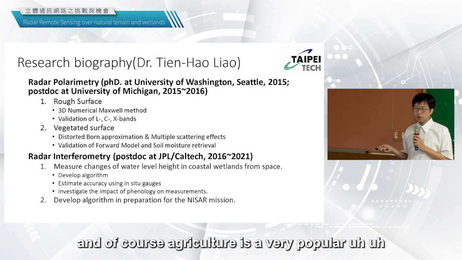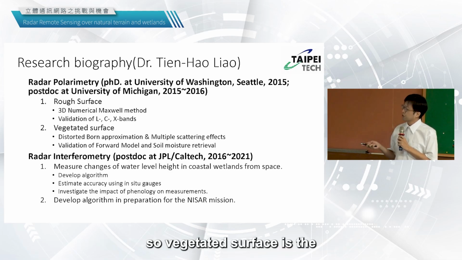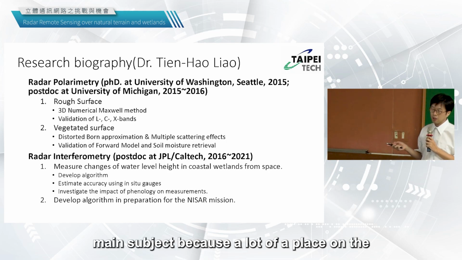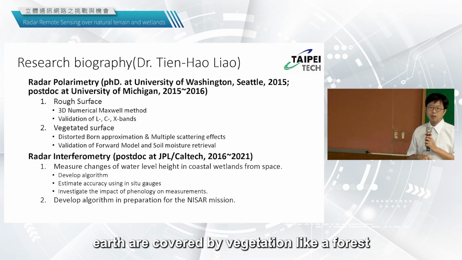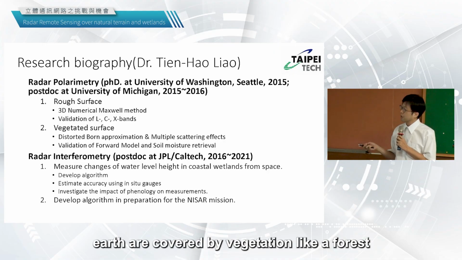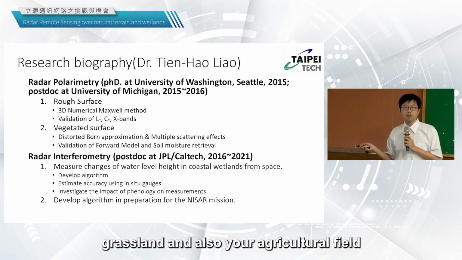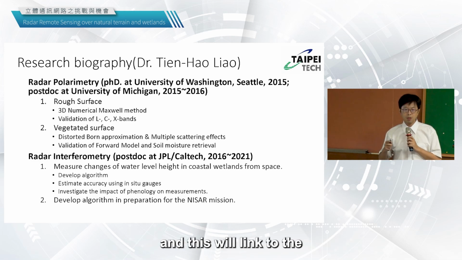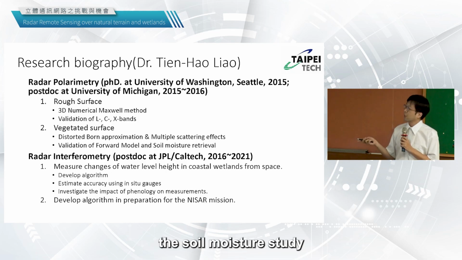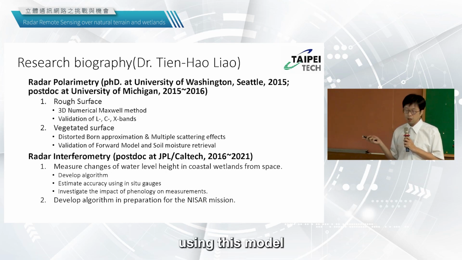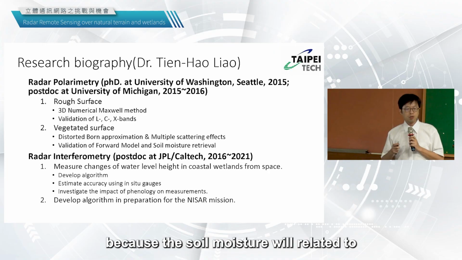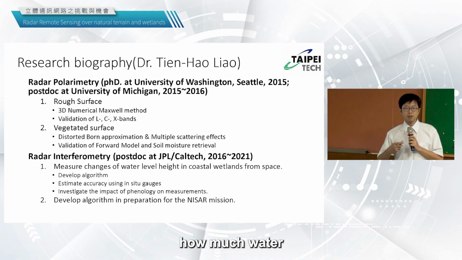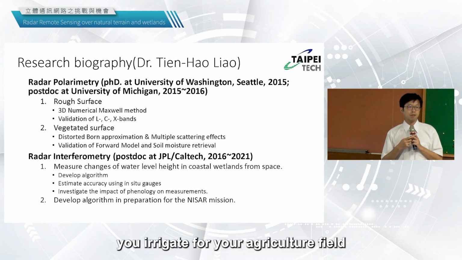And of course, agriculture is a very popular topic. The vegetative surface is the main subject because a lot of places on the earth are covered by vegetation like forest, grassland, and also your agricultural field. This links to the later soil moisture study using this model, because soil moisture relates to how much water you irrigate for your agricultural field.